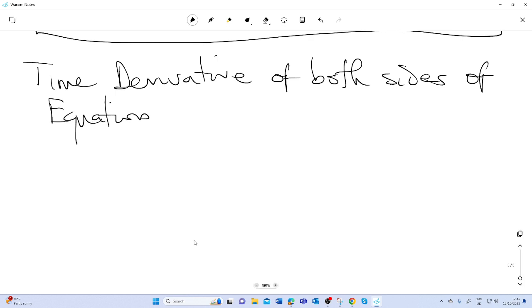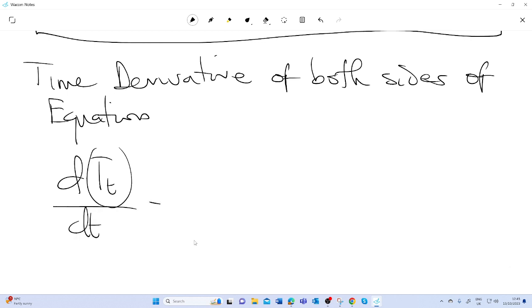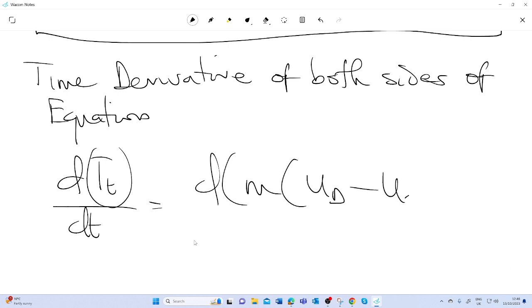Of the equation that says d over dt of the thrust equals dm (UD minus UA) over dt.